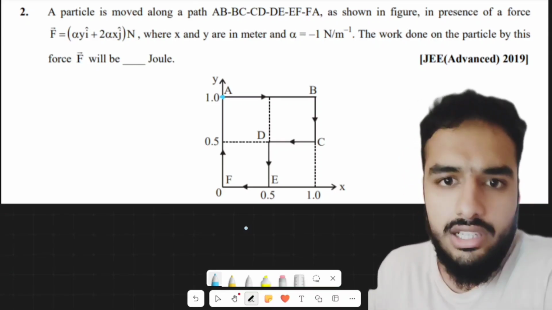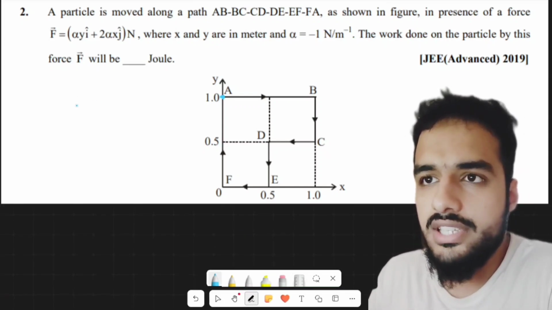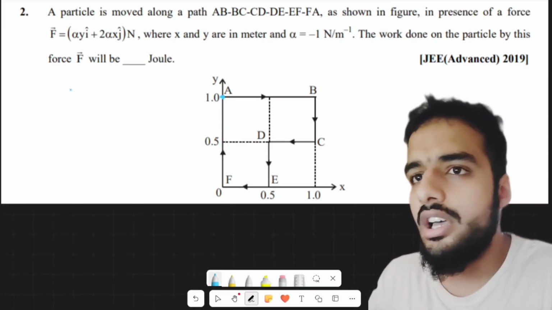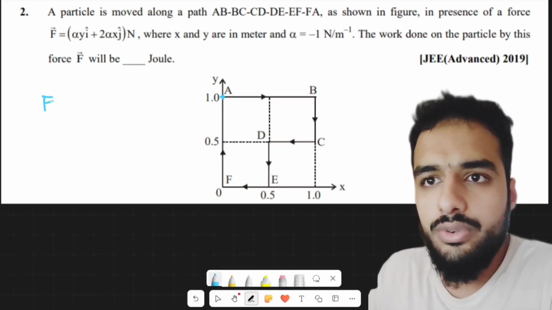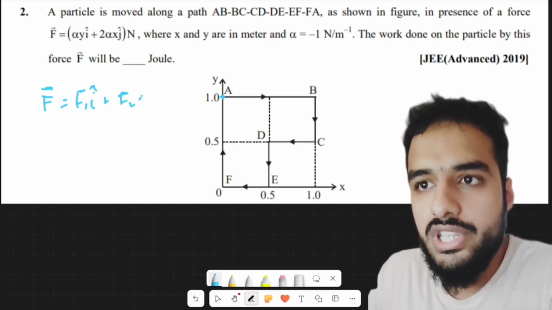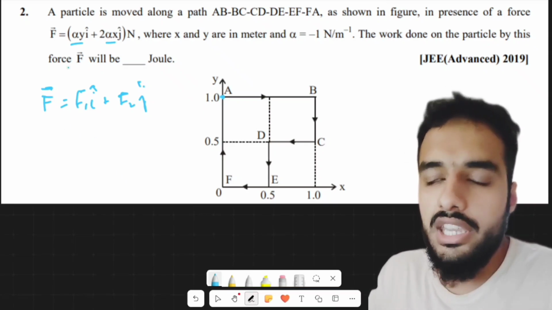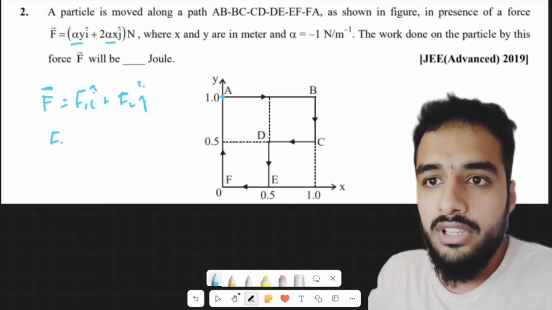I'll give you just a trick to find if it is conservative or not. It used to be taught in classes when we were preparing, but I think now it is removed from the syllabus. If your force is given as F1 i cap and F2 j cap, and you want to check if the force is conservative or not, what was the trick?